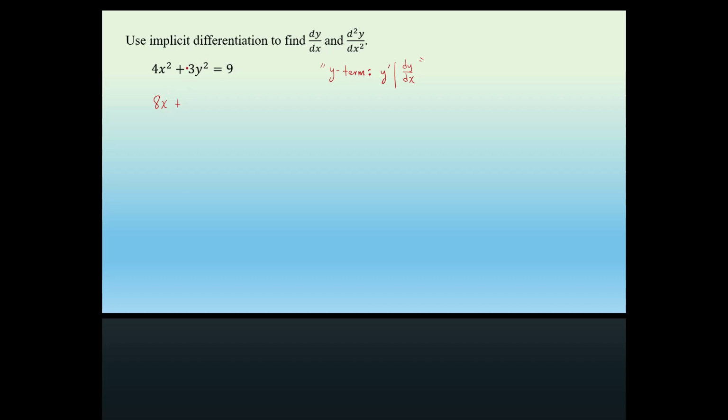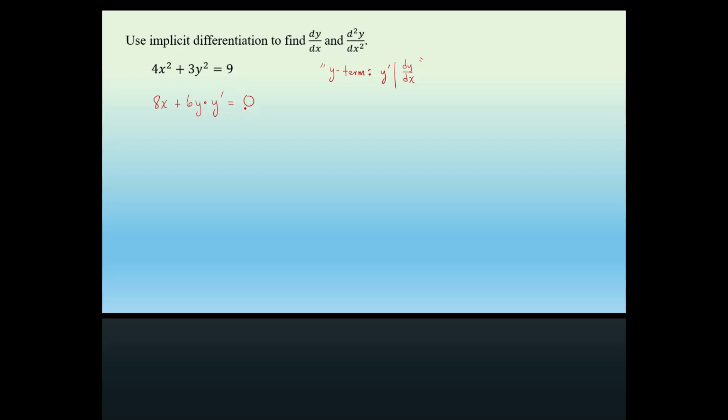Plus 3y squared, the derivative of 3y squared was 3 times 2, which is 6. Keep the y, take 1 off of the power, but because this is a y term, I'm going to multiply it by y prime. That is my dy over dx equals derivative of 9 is 0.